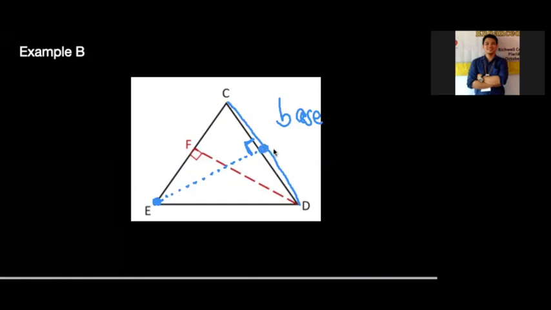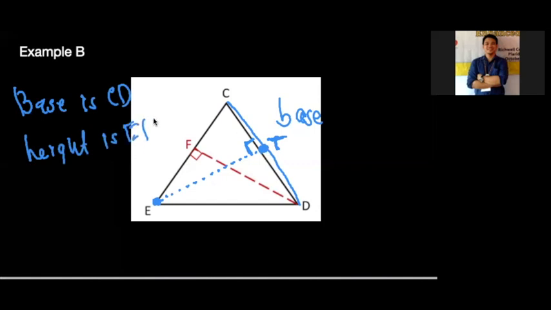Let's try C. No, we don't have C. Let's have F. We have F. So we can name this point as point P. Therefore, the height of this triangle, given that the base is CD, is EP or PE.